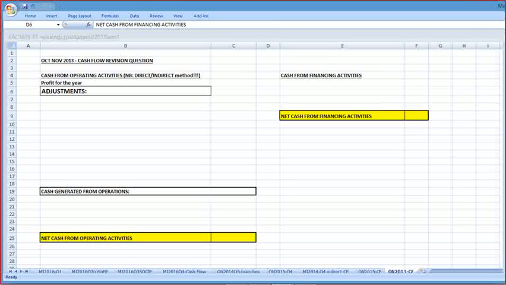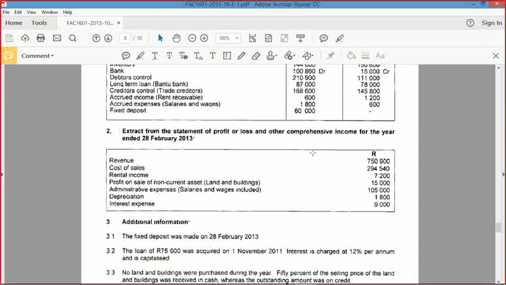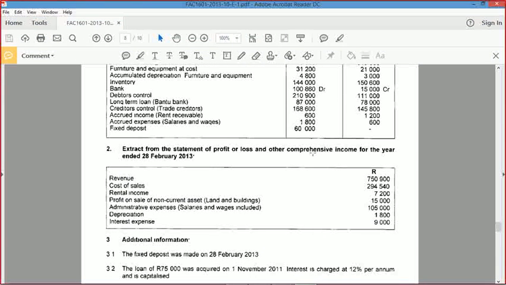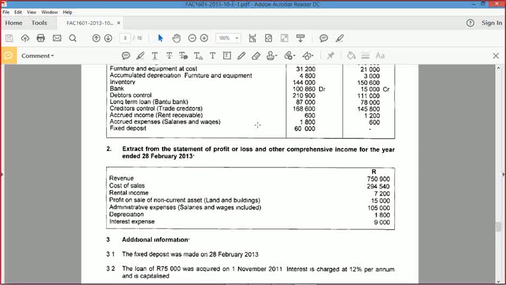So what is the balance of the loan? The balance on the loan is 75,000. When did I acquire the loan? On the 1st of November 2011.